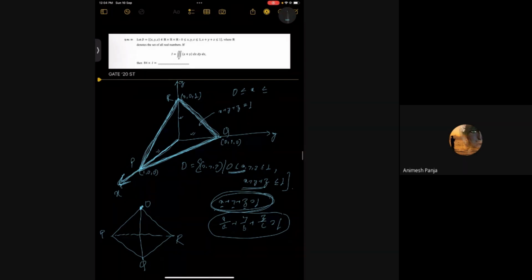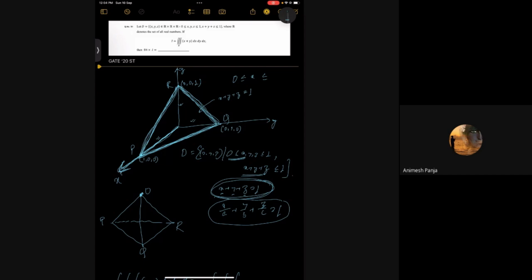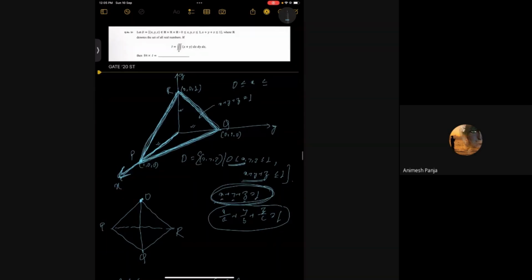Look at the picture again. This is our solid, and consider the x, y, z planes. They form a tetrahedron. Let's see what the limits of x will be. x is greater than or equal to 0 because that is given in our question itself: x, y, z are non-negative.